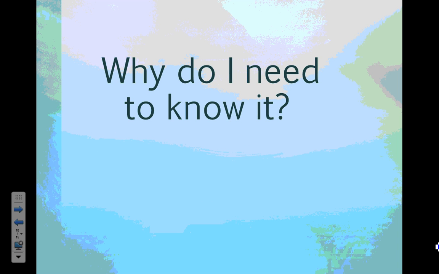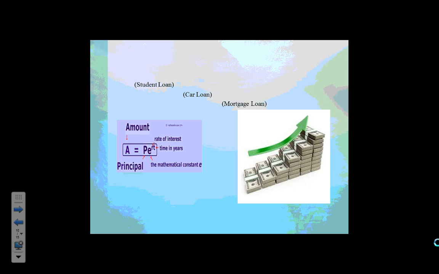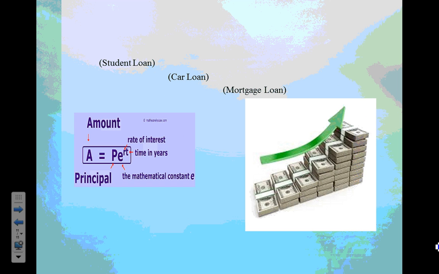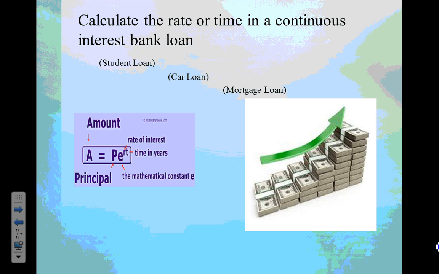What if you say to yourself, all those occupations she said are not mine. Why do I still need to know logarithmic function? If you have a student loan, a car loan, or a mortgage loan, you use logarithm because you want to calculate the rate or the time.